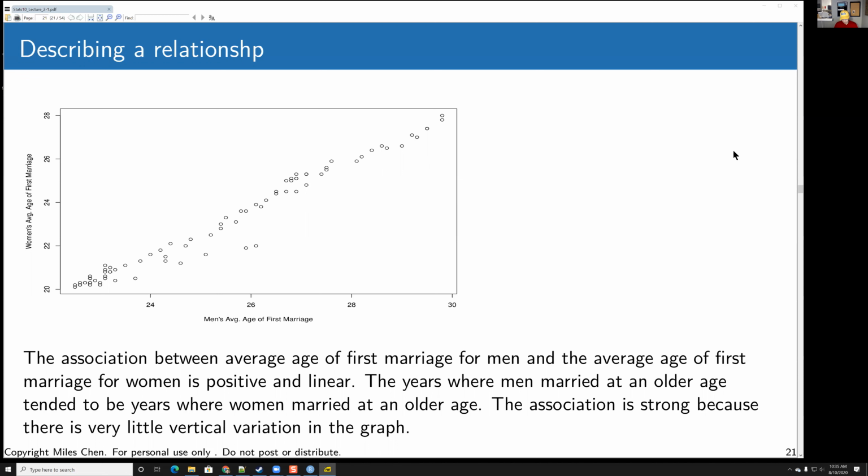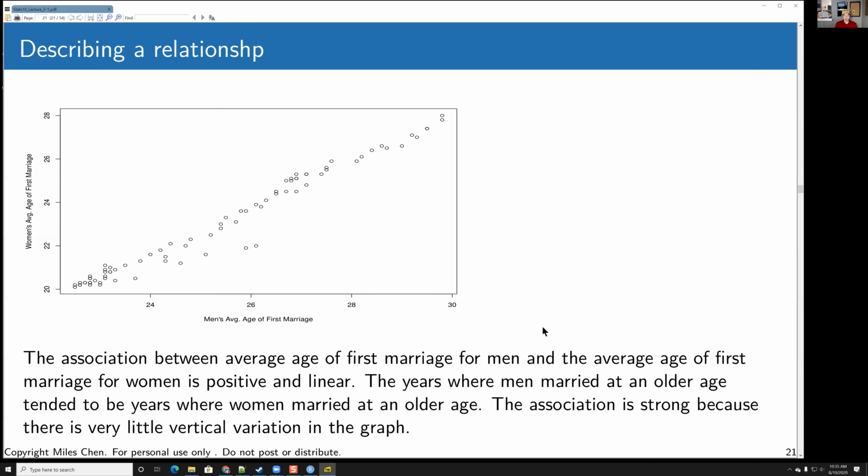If you do take another statistics course in the future, you might learn how to quantify the strength of a relationship for nonlinear relationships, but we don't get to cover that in our class here.